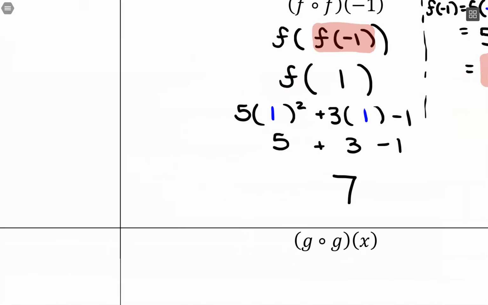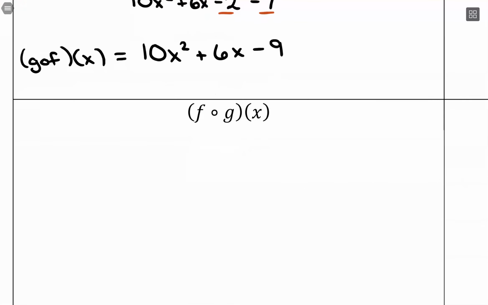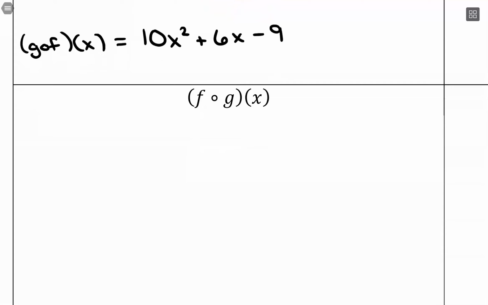All right, let's look at some more cases where we're plugging in a variable. So with this one, we're taking f of g of x. And what I'm going to do is replace g of x with our function, the 2x minus 7. So this is the same thing as f of 2x minus 7 for our input.